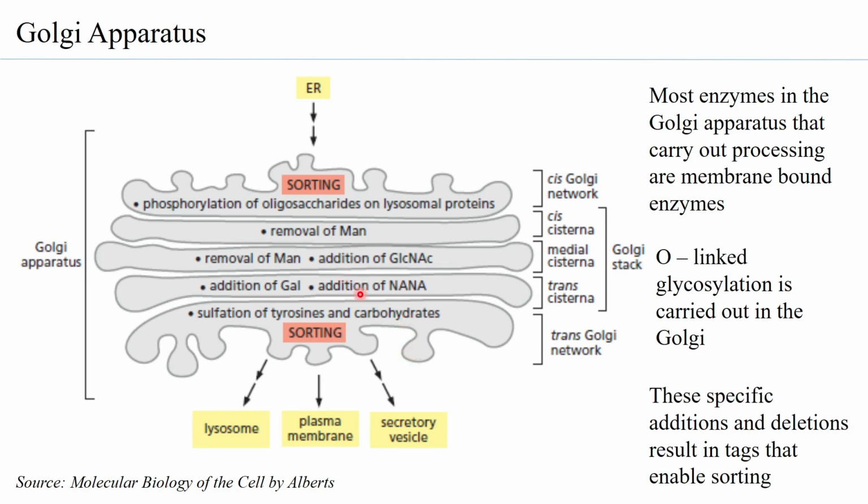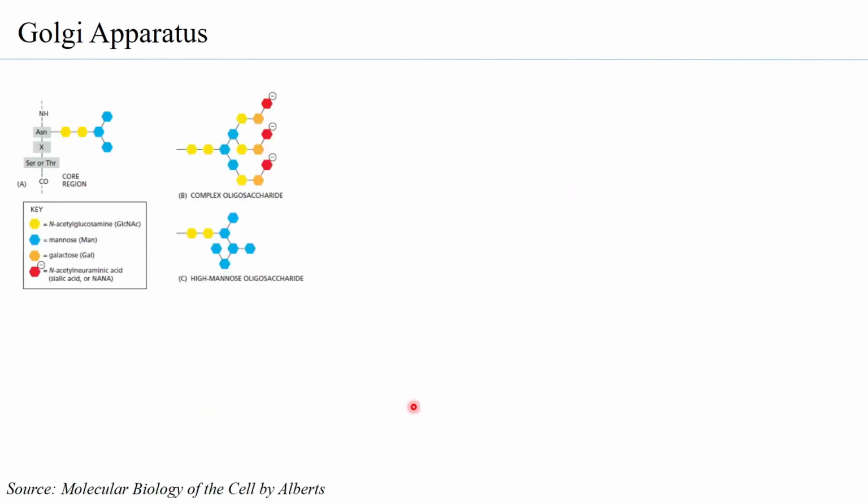Basically, these specific additions or deletions or trimming etc. result in a particular tag being formed, and that tag enables sorting. For example, this is a core oligosaccharide that is already bound to a protein. Now this core oligosaccharide is undergoing processing where addition of different sugars takes place to form what are called complex oligosaccharides.